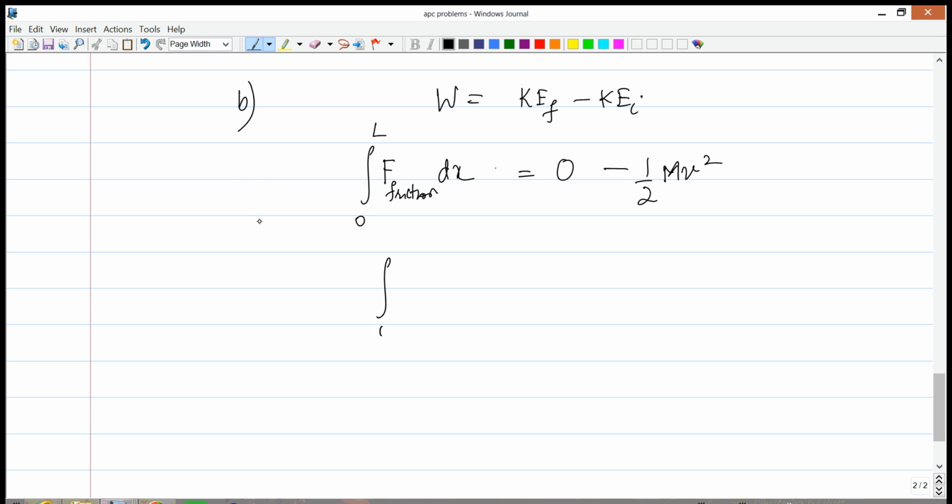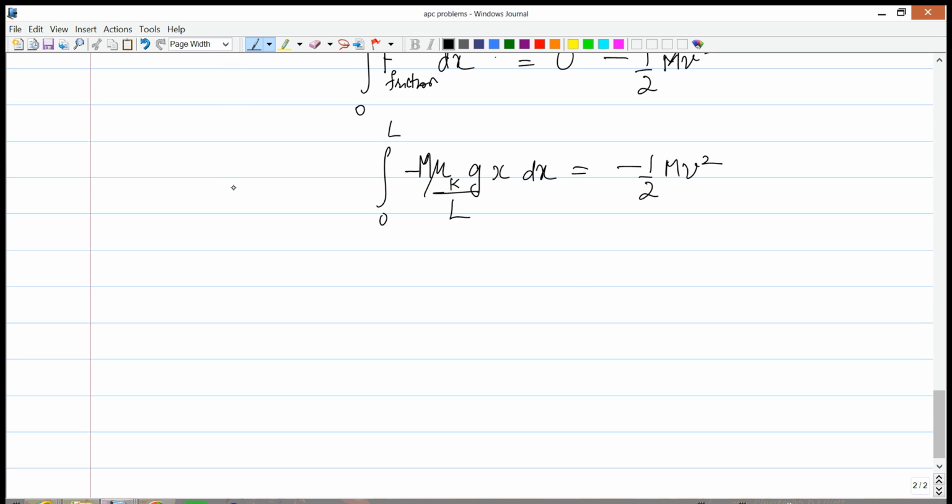Alright, so the integral from 0 to L, and the force of friction is equal to, with a negative sign there, minus mu k times g over L times x, and there is also a capital M, all multiplied by dx, and this is equal to minus 1/2 m v squared. Now you can pull all the constant terms out of the integral: minus mu k m g over L, and then I have x dx equals negative 1/2 m v squared.